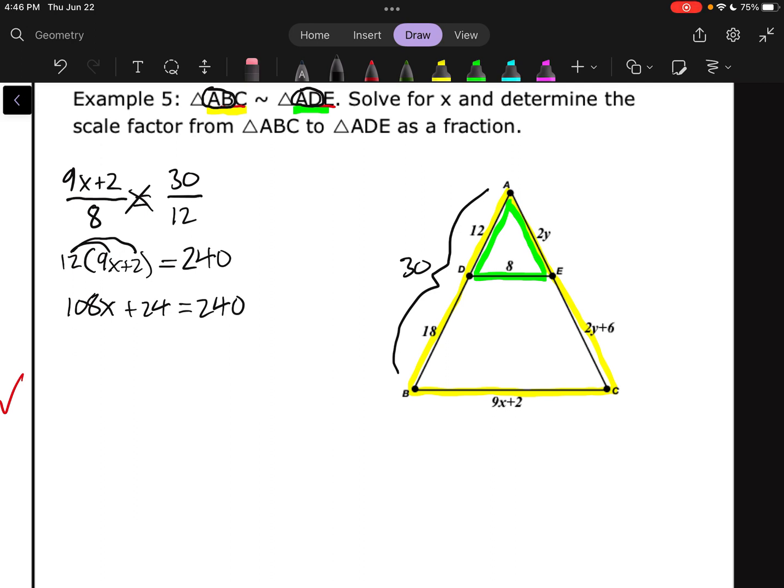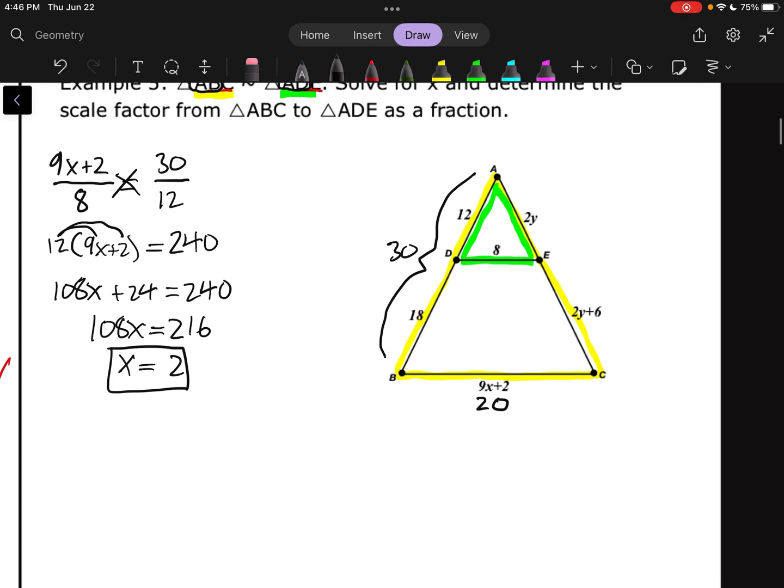If I subtract the 24, I get 108x is equal to 216. And then dividing, I should get x is 2. Okay, now let's plug that back in. 9 times 2 is 18 plus 2 is 20. And that seems all right for now.